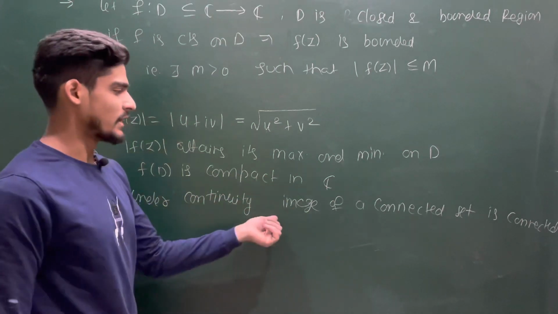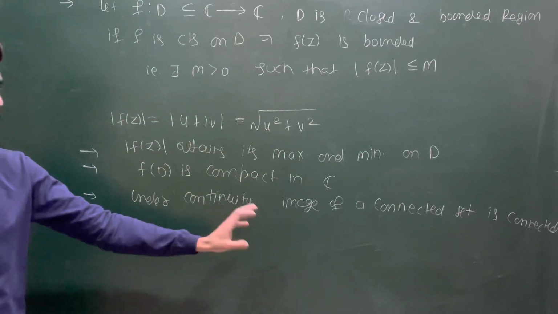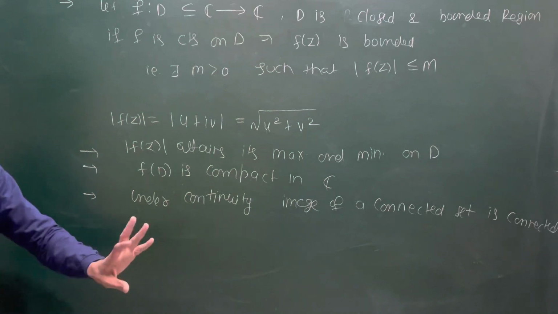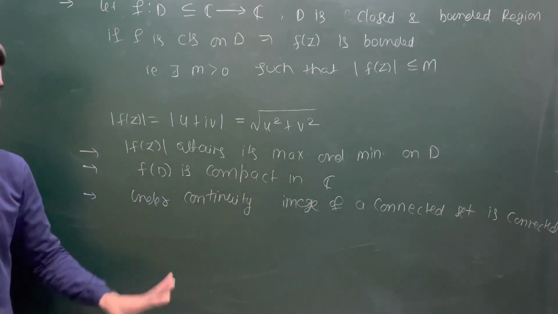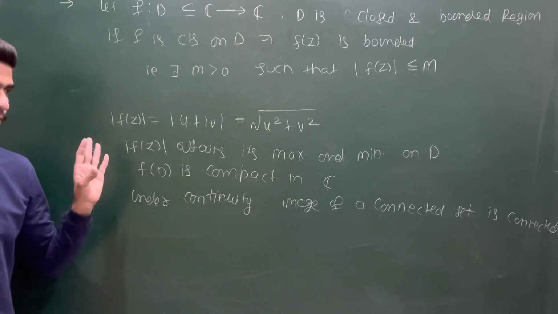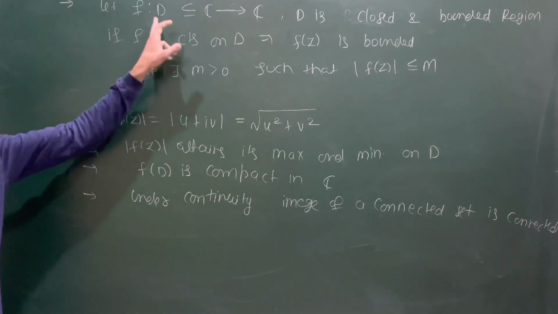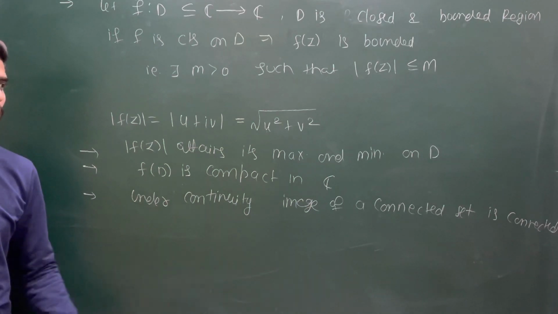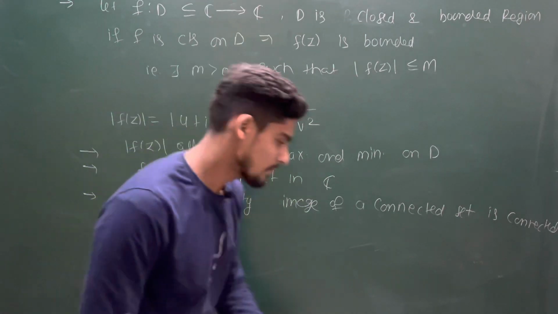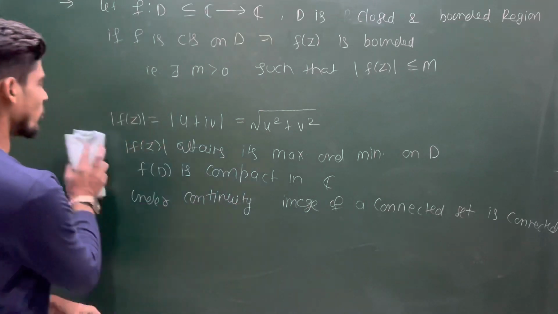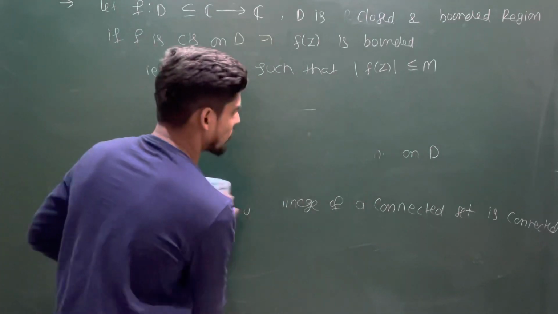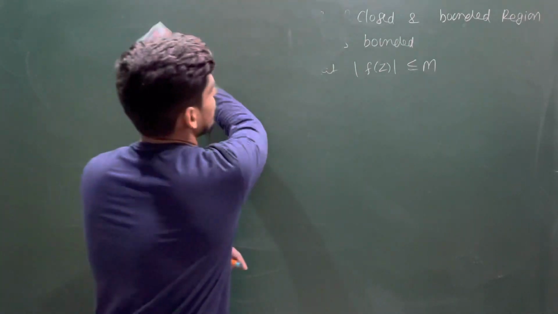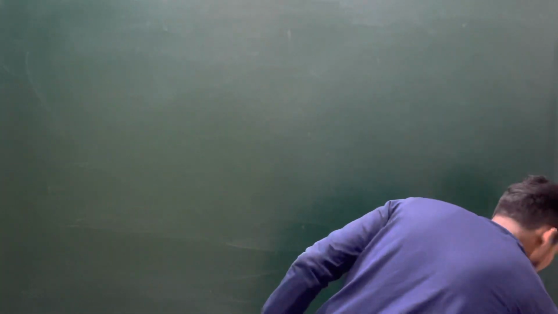So you use that D is a connected set, then you will be able to prove f(D) is connected. It will take just 4 or 5 lines. The proof is very straightforward from the definition. But if you use your complex plane property, you may not be able to prove it in 3 or 4 lines. It will take at least 1 or 2 pages. So those proofs are not required here. That is why I am not doing them. So these are some consequences of continuity.